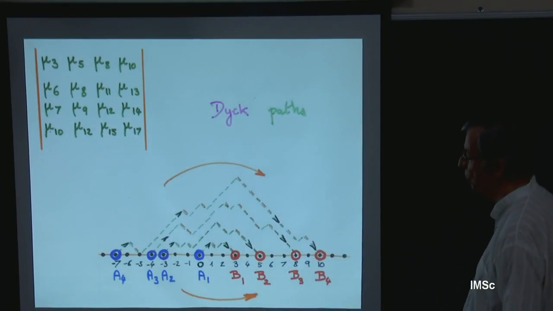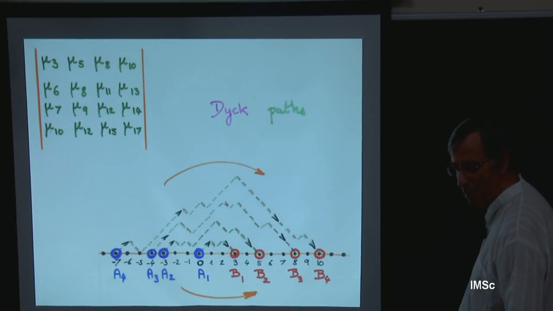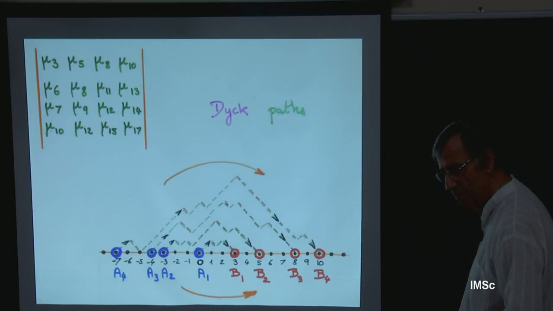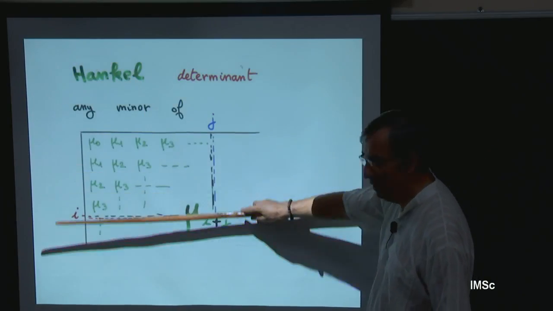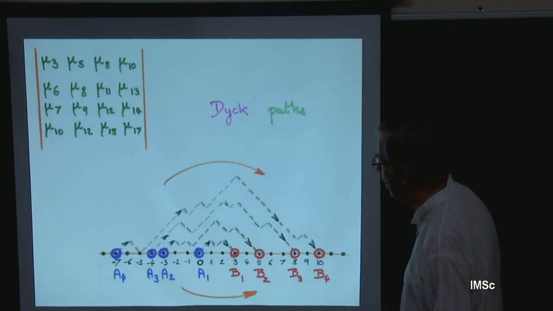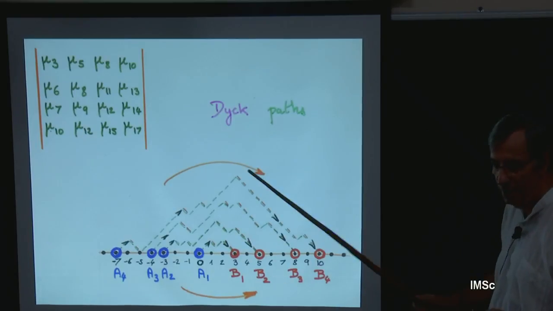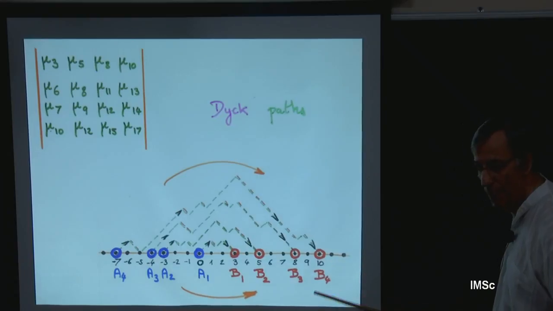So you can check that taking any minor of the Hankel matrix, you are giving a certain index of row and a certain index of column, and I claim that giving the index of row and column is exactly giving the blue point and the red point.